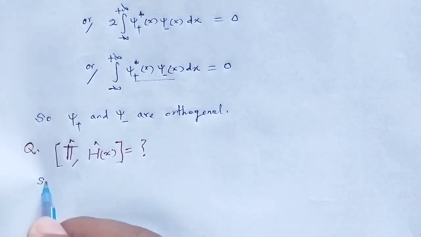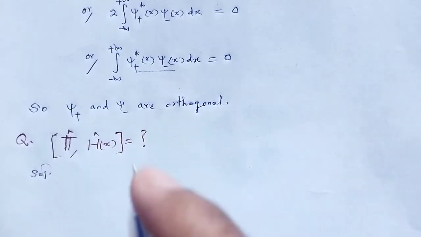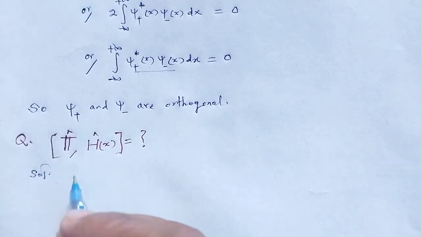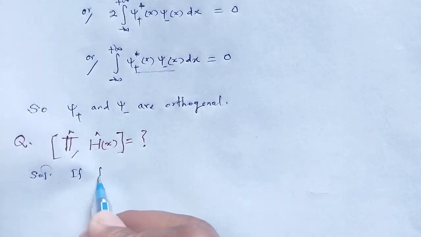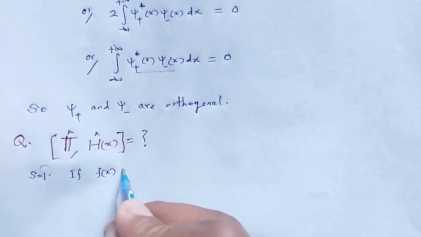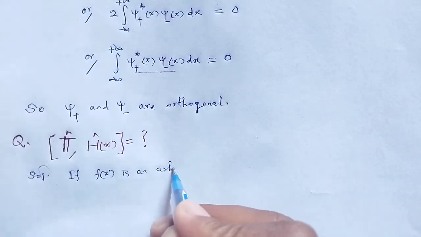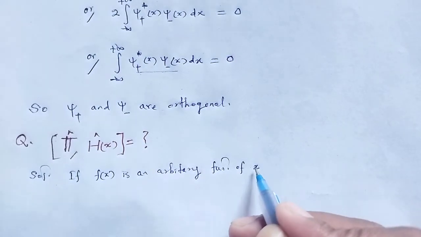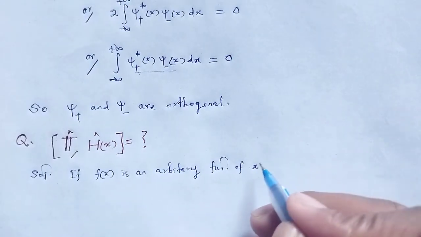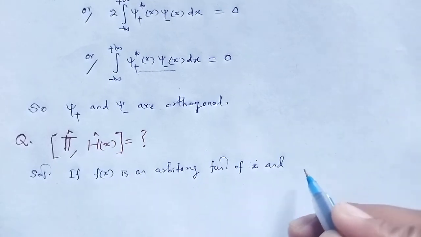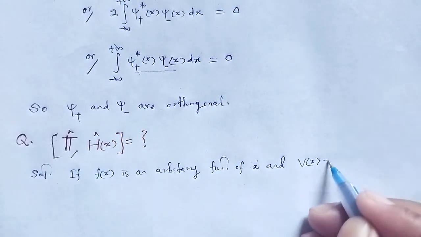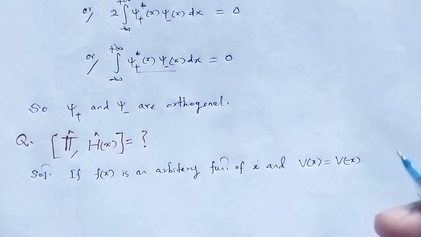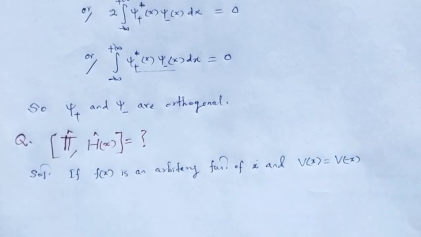So to solve that type of problem, choose an arbitrary wave function, let f of x be an arbitrary function of x, and we prefer the potential v of x be v of minus x. The potential is symmetric, meaning v of plus x is the same as v of minus x.